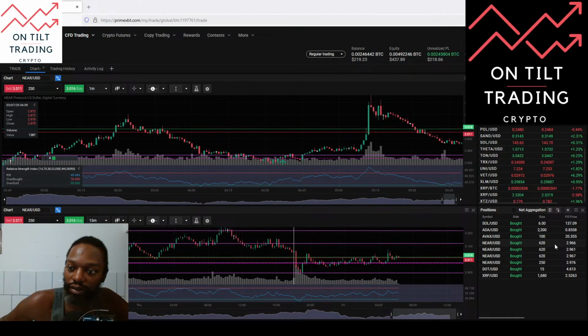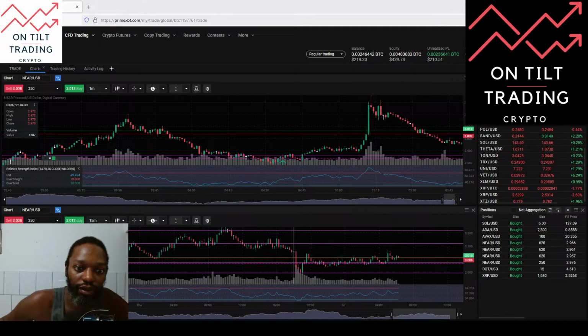We can see this range on the RSI coinciding with this range on the charts, coinciding with this very low volume area right here. I know a lot of trading systems, including my system, rely on volume.